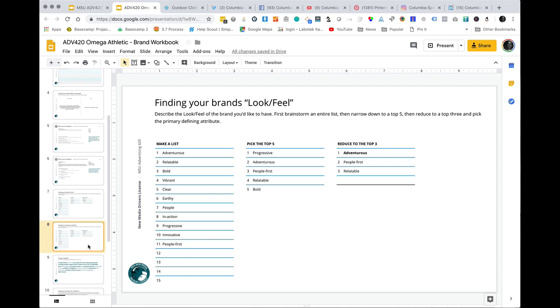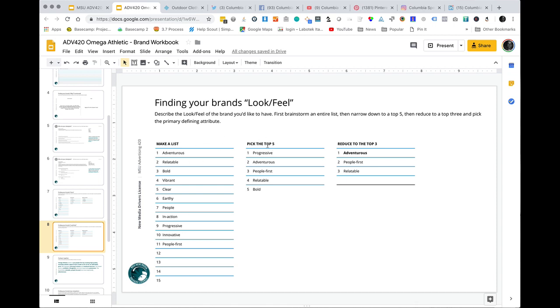These all align, and they're all going to have a similar look and feel, or they should. And similar here, you're thinking about words that describe how something looks. So potentially, you could use a lot of imagery that's adventurous, or you want it to feel really relatable, maybe down to earth, bold and vibrant, earthy, focusing on people, innovative, that sort of thing.